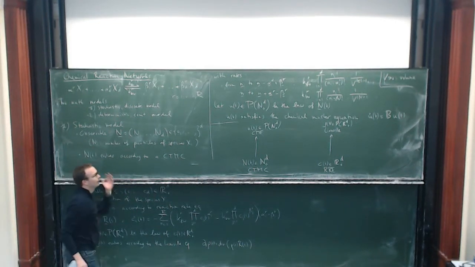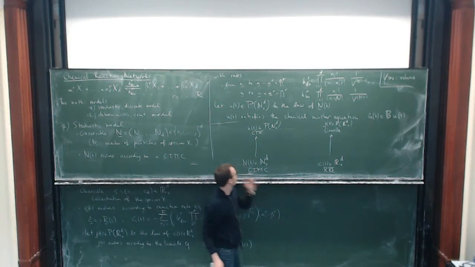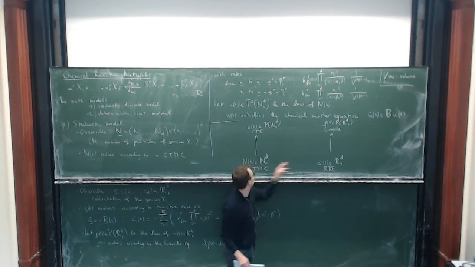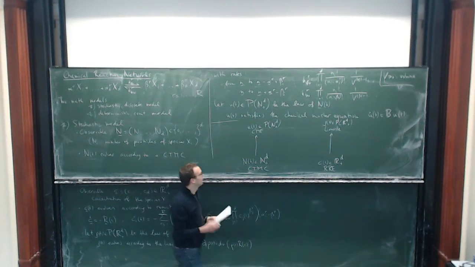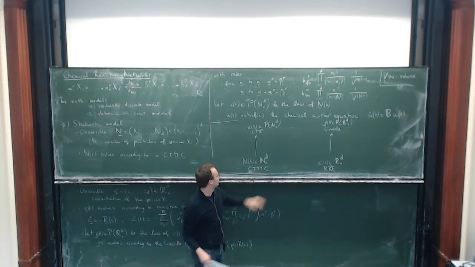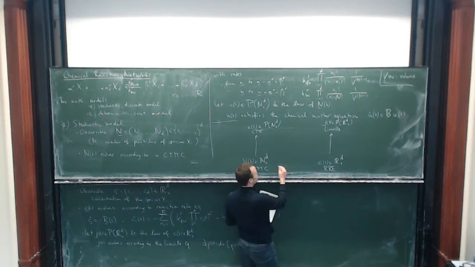Right. Okay, then of course, a very natural question is what Marek was hinting at: what's the relation between these models? This is a very classical question, which has been settled by Tom Kurtz, I think in his PhD thesis.